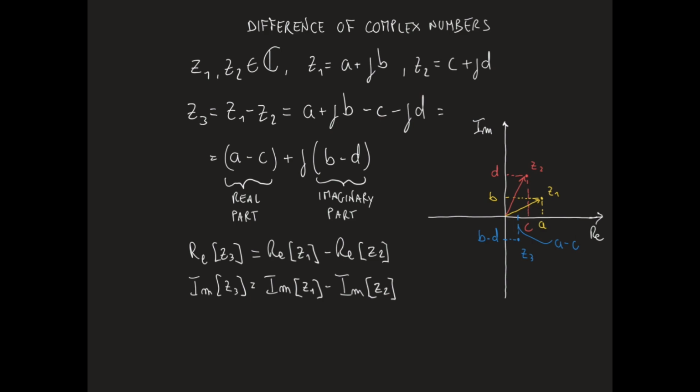The difference between z1 and z2 corresponds to the sum of z1 and minus z2. Minus z2 is identified by the pair of coordinates minus c, minus d. The sum of z1 and minus z2 will lead to z3.